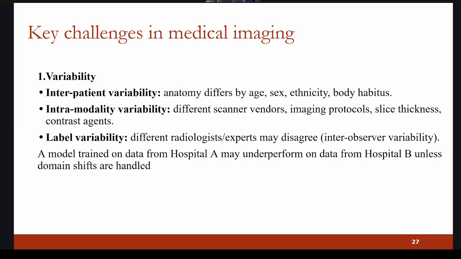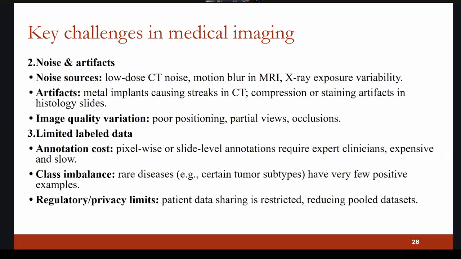When we are working with radiologists, people will disagree between the labels which are given for a particular image. That itself is a big issue. Okay, and also a model which is trained on one hospital data set may not perform well on another hospital data set for the same classification task. So these are some of the key challenges with respect to medical imaging, right?